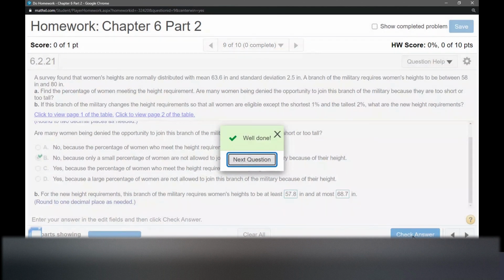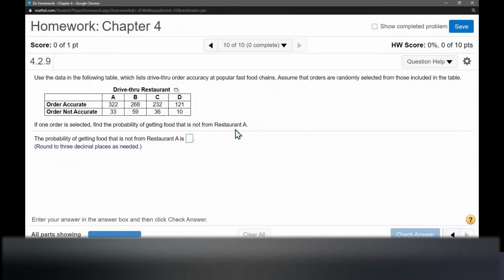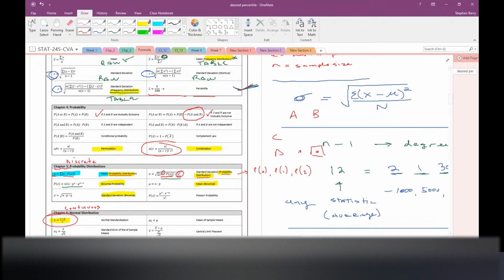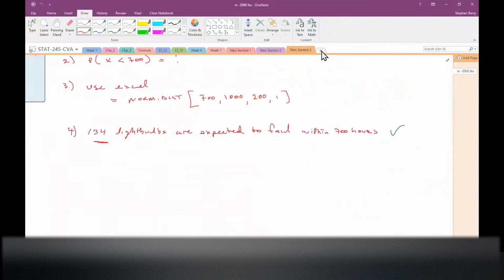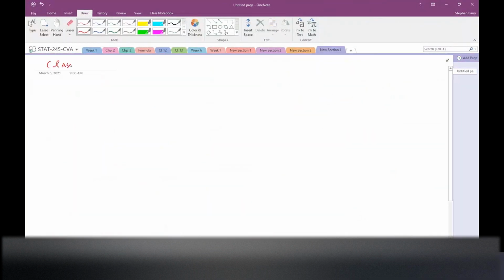All right. There's a probability of not from A. So essentially what they're asking is the probability of not from A. Well, you could do a couple of things. You could say, well, that's going to be 1 minus the probability of A. That's a good way of doing it. So let's do that.